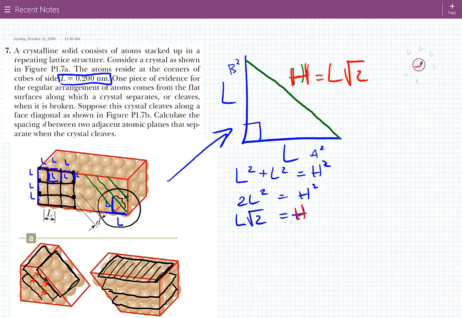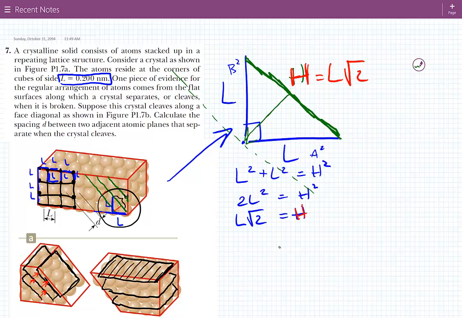And remember, we want to find the distance between the two planes. So this is one plane, and if you imagine the rest of the atoms in the lattice, this would be the second plane. So we want to find the distance between these.